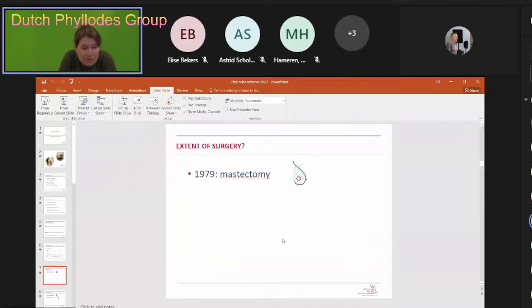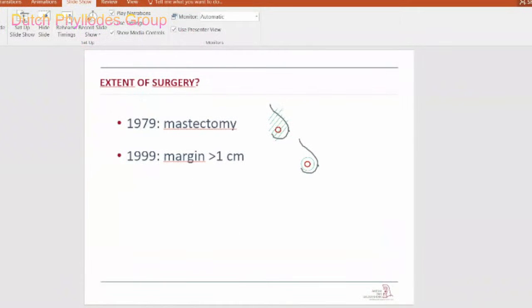As I said previously, decades ago, a standard surgical treatment would consist of a mastectomy, the removal of the entire breast. Then we evolved to do breast conserving surgery with a margin of over 1 centimeter, regardless of the tumor type, so both for benign and borderline and malignant tumors.